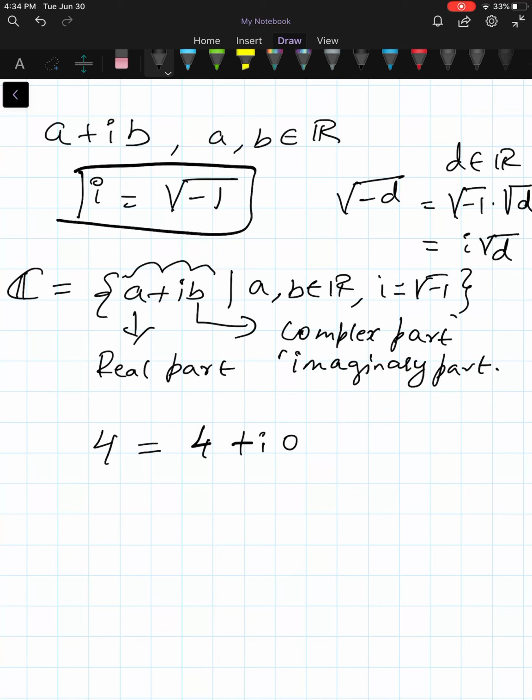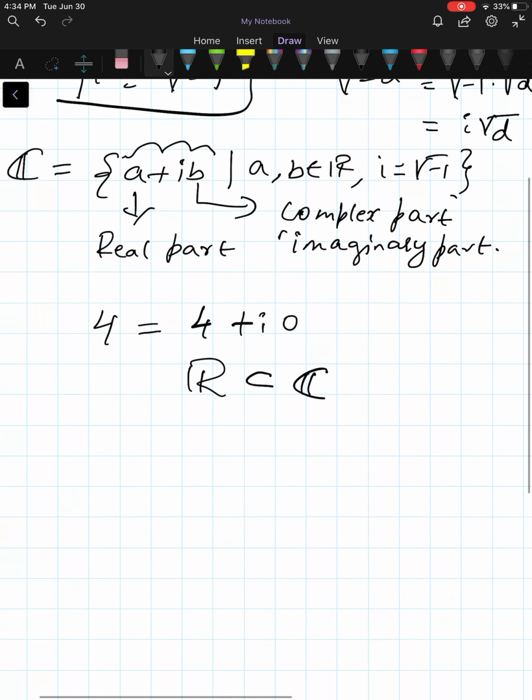That we know because the square root of -1 is not defined when we are working with the real domain. So we know that R is a subset of C. It is actually a proper subset of C. With this we will move further and learn certain arithmetic operations that we can do.